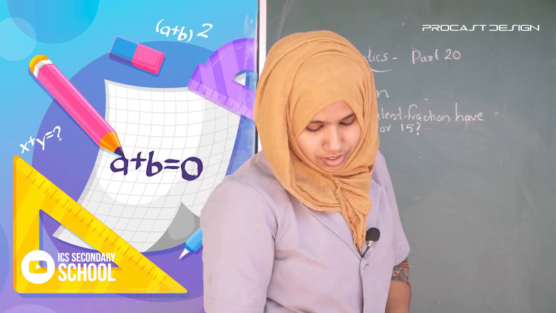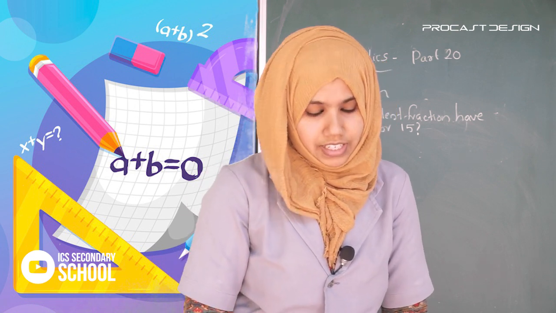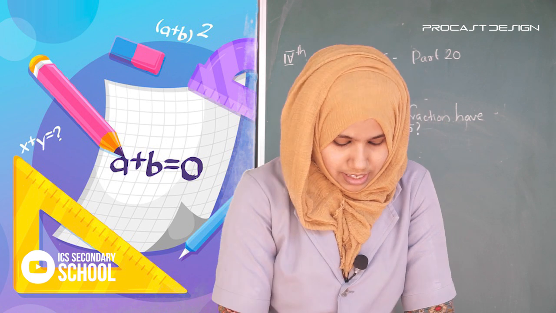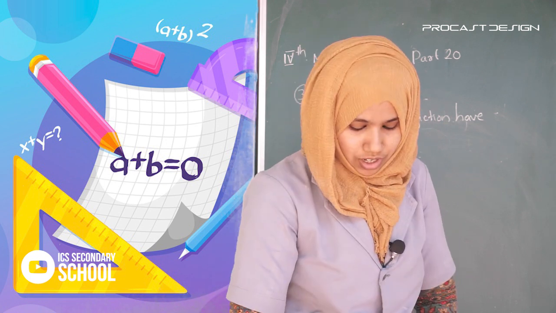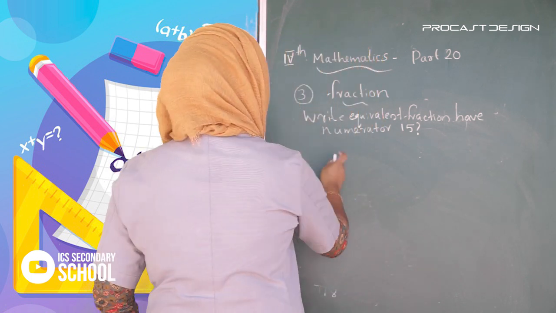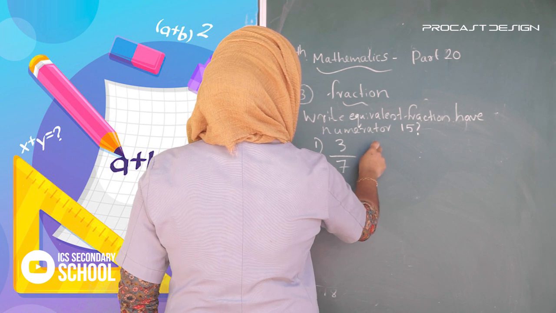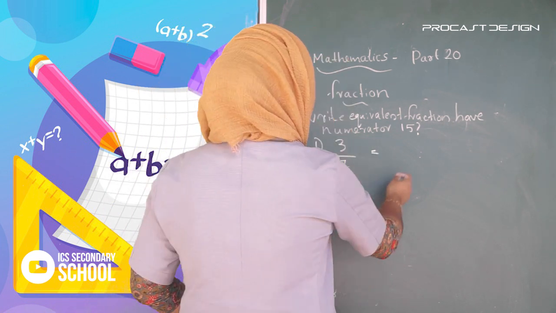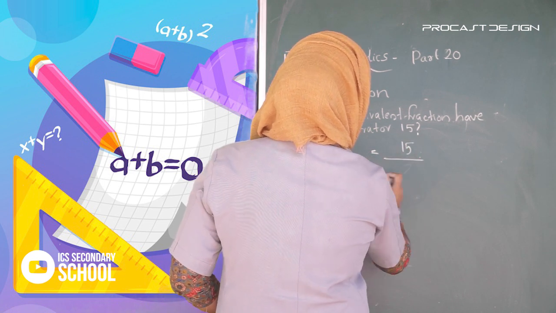This is a question. Okay, page number 70, exercise 1, F question, 3 by 7. First question is 3 by 7. So we already have the equivalent fraction's numerator 15. So here the numerator is 15, find out the denominator.